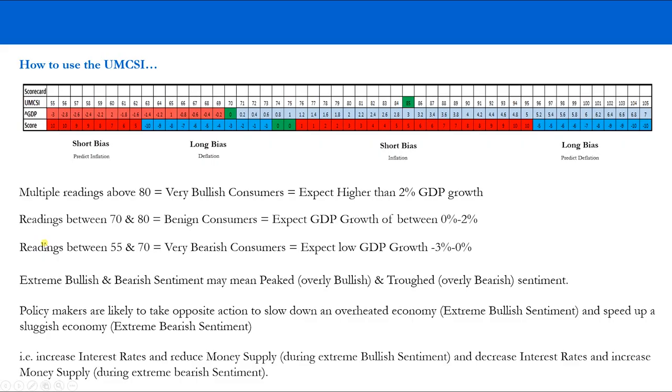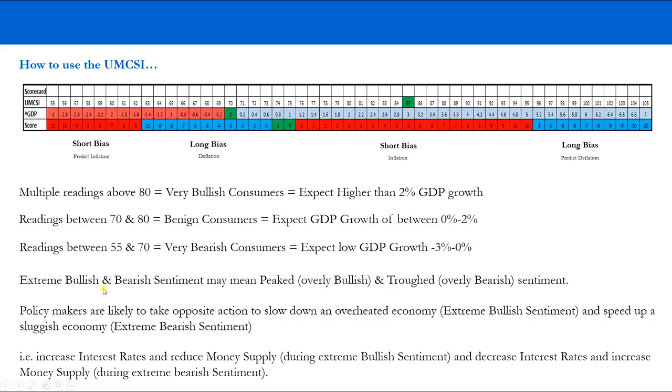And if we get readings between 55 and 70, historically, this is consistent with low GDP growth, so contractionary levels of 0 to minus 3%, and we get very bearish consumers. And in our zones here, we'll explain these in a second, we get different biases because we're predicting inflationary and deflationary conditions consistent with different levels of the UMCSI.